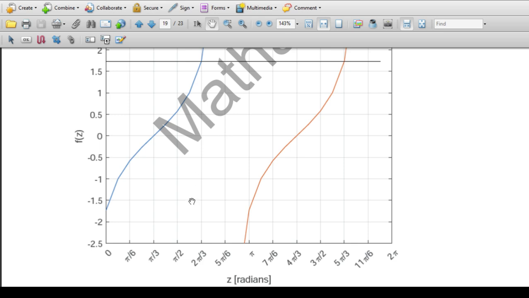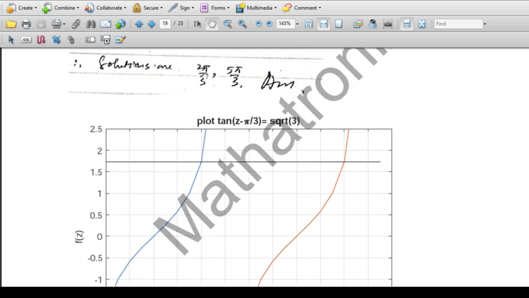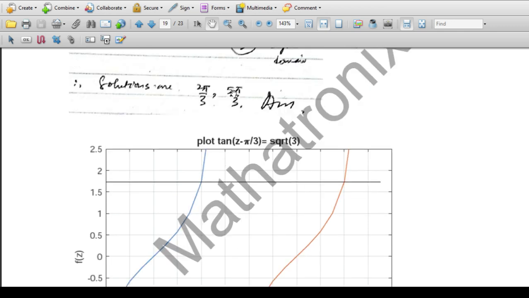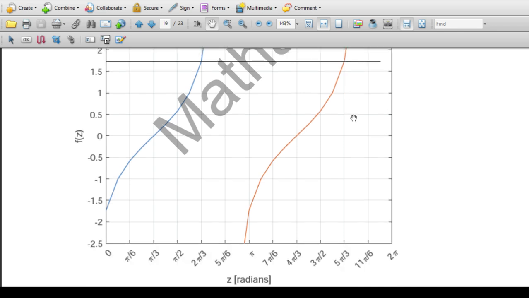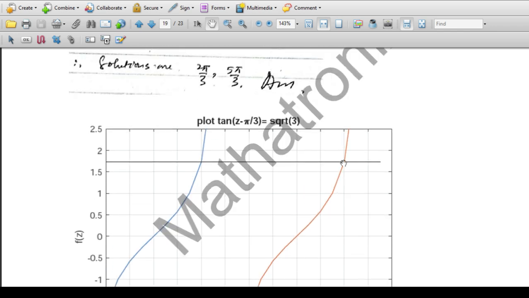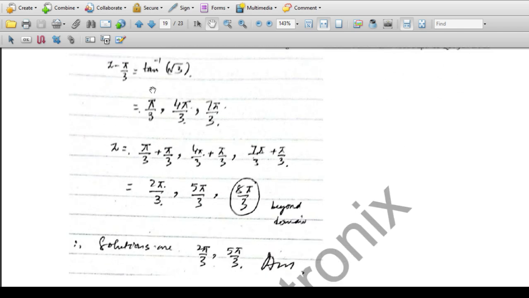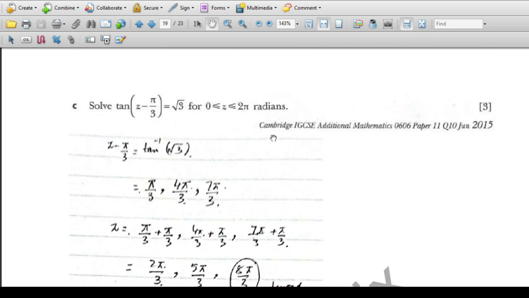So the first solution is 2π/3, and the second is 5π/3 here. This is a very important question, which is a part of the final examination, a 3 mark question in the IGCSE additional mathematics course.